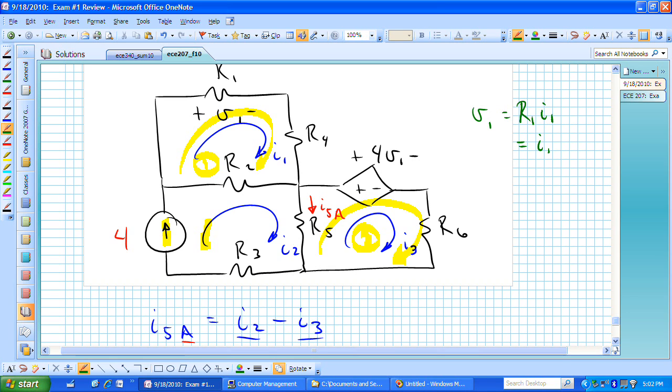Because R1 is 1, V1 is just going to be I1 when we have that in an equation.